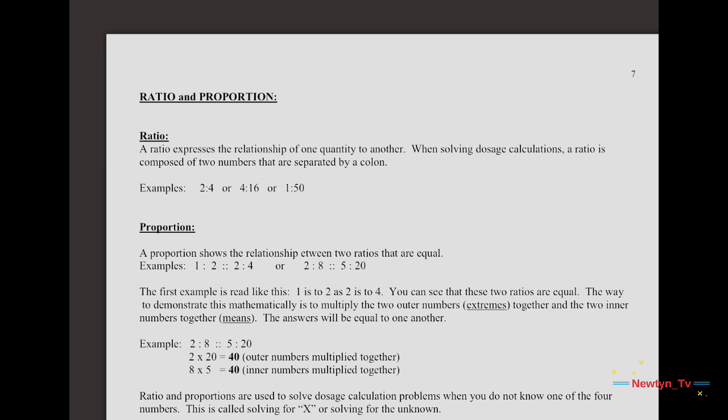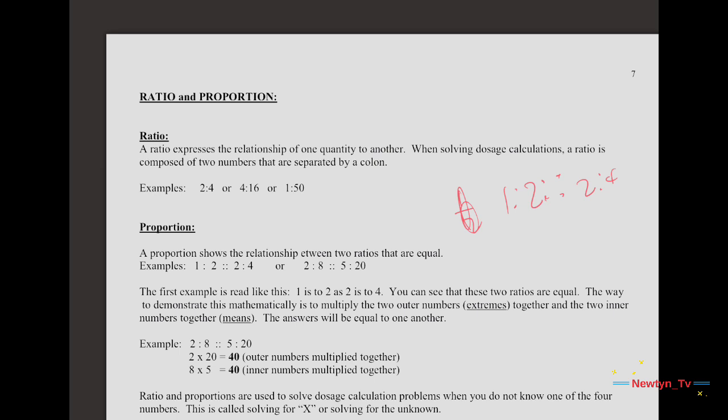And a proportion shows the relationship between 2 ratios that are equal. So 1 is to 2 is equivalent to 2 is to 4, right? The first example is read as 1 is to 2 as 2 is to 4.